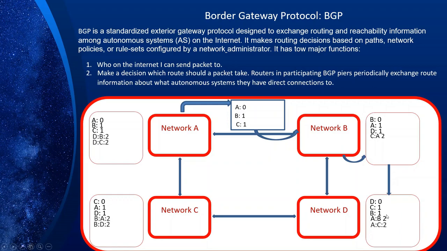And finally, after all this handshake is done, every network knows at least how to get to the other networks. So this is the essence of how BGP works. And Calico takes advantage of this protocol in order to share routes among its nodes.